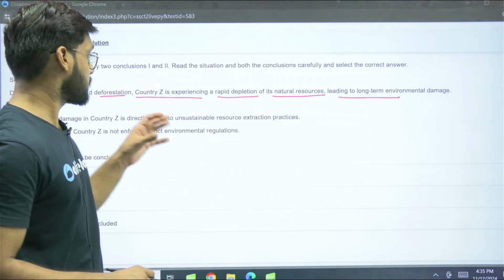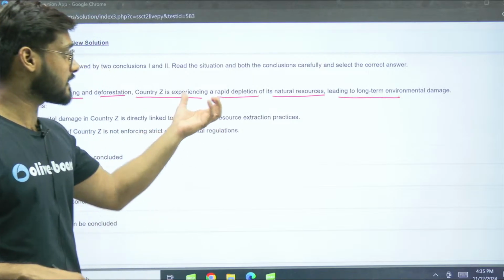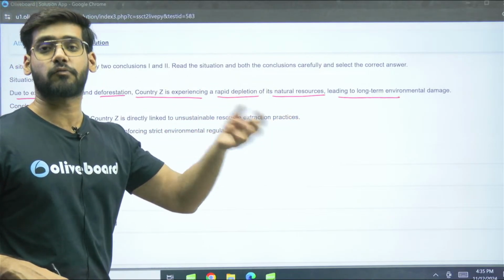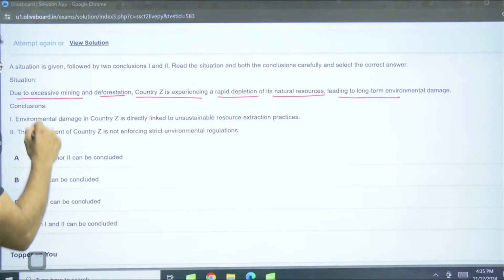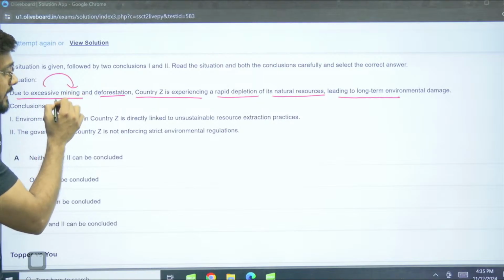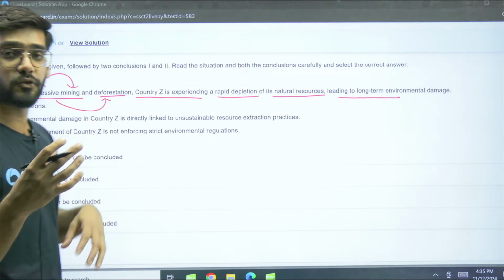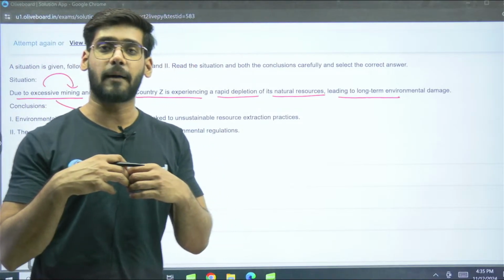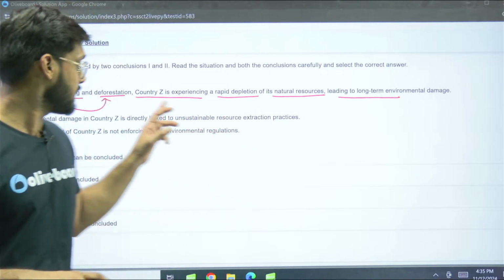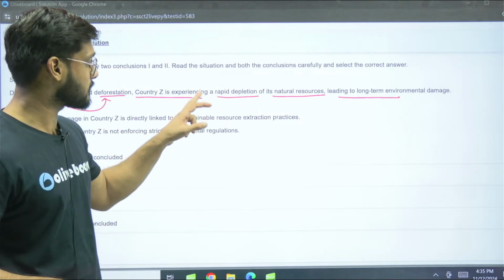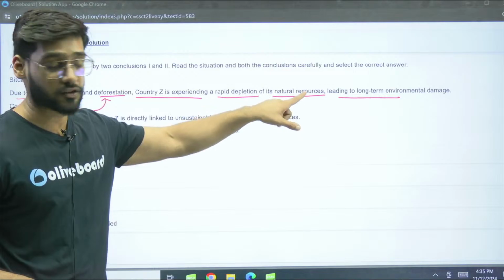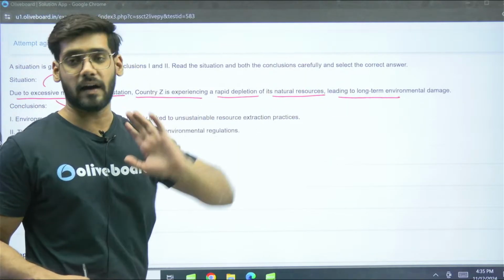Why are they experiencing this? Because they are doing excessive mining up to no extent and deforestation. That's why they are experiencing a depletion of its natural resources, leading to the long-term environmental damage.